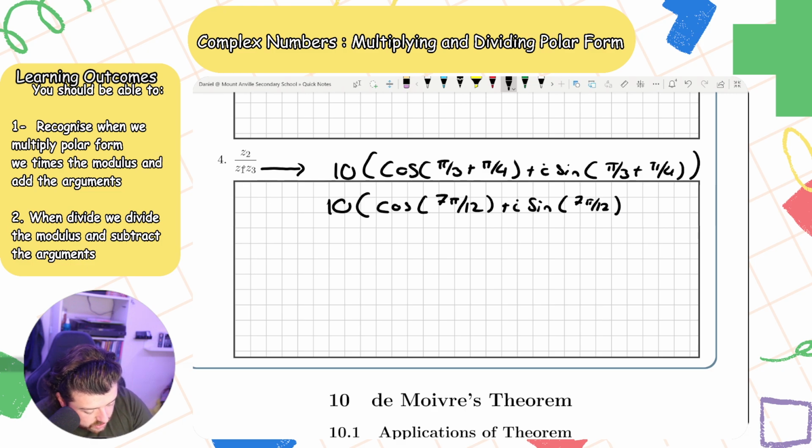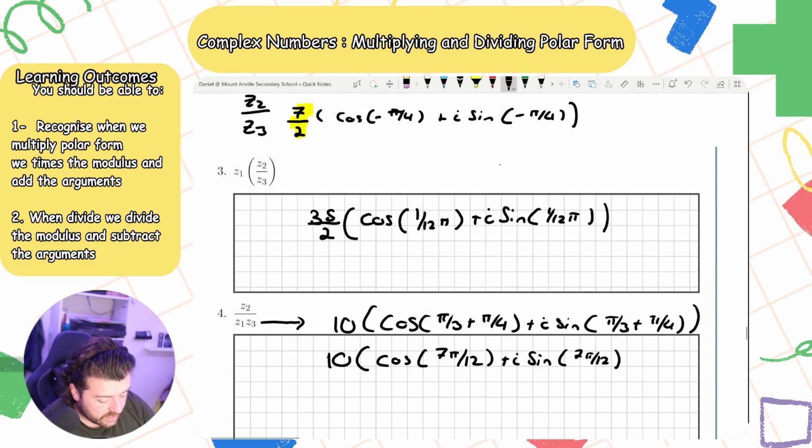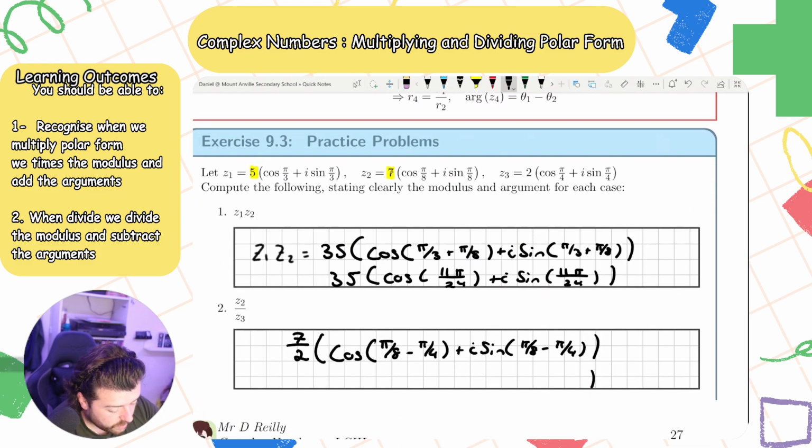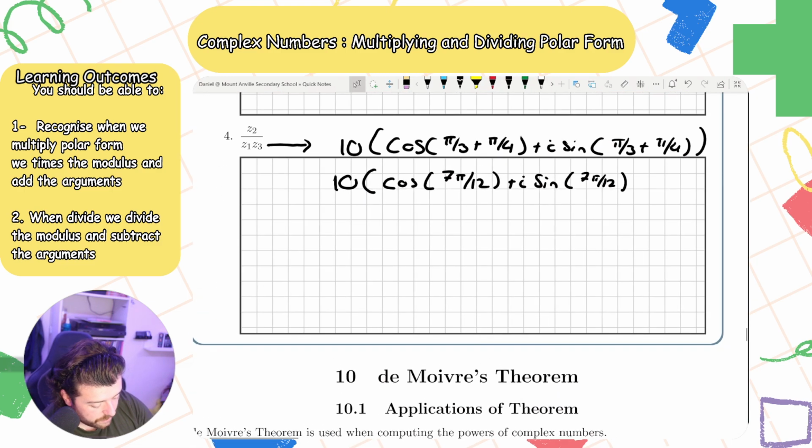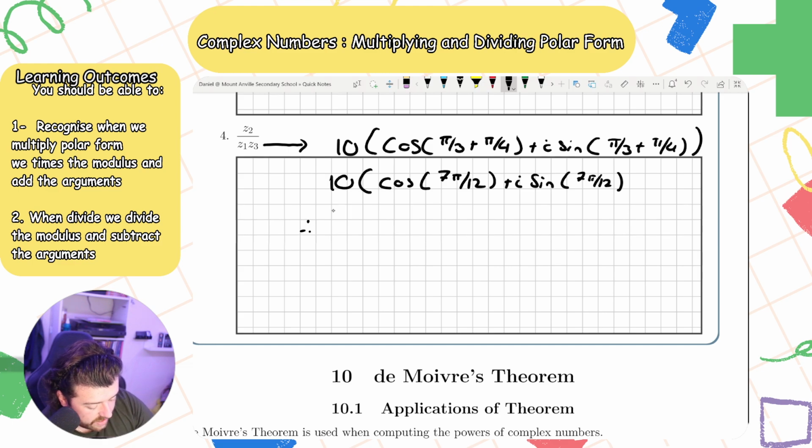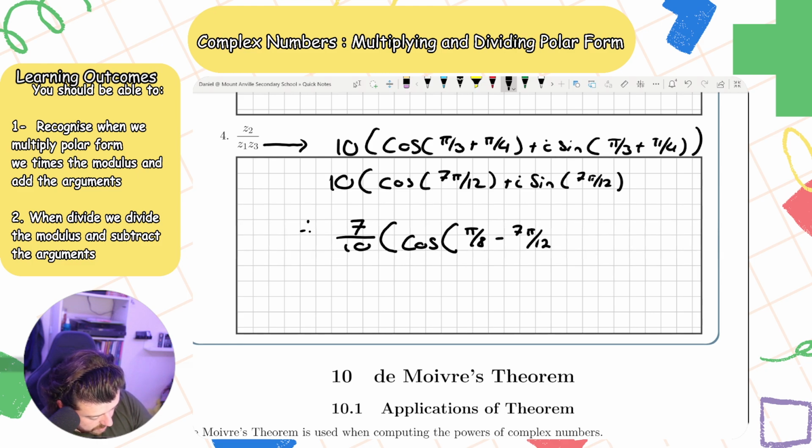So that is just Z1 Z3 here. Now I'm dividing all this by Z2. So Z2 has 7 as modulus and pi over 8 as argument. That then is going to be 7 divided by 10 times cosine of pi over 8 minus 7 pi over 12, plus i sine of pi over 8 minus 7 pi over 12.